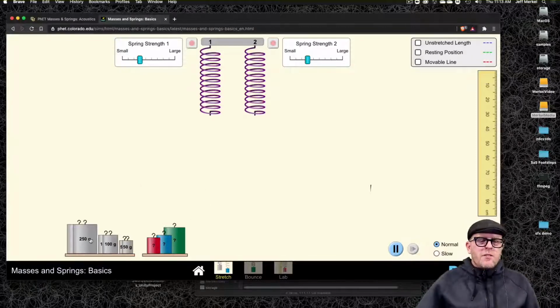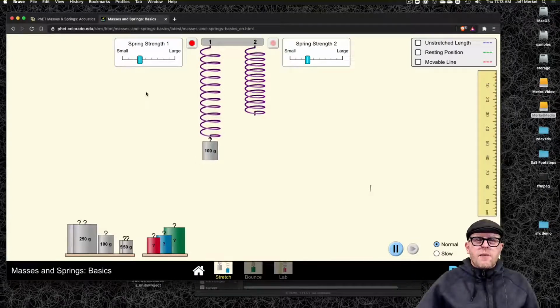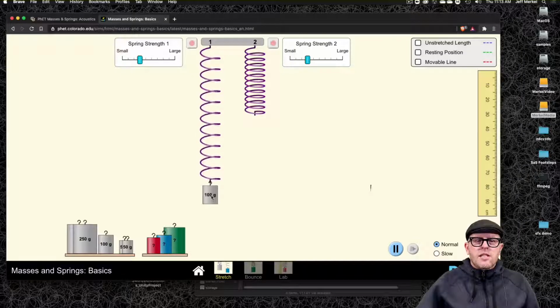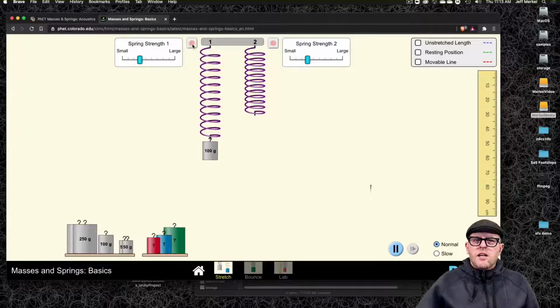What I'm going to do here is grab a 100-gram weight and attach it to the spring. I'm going to turn off damping, stretch it out and let this thing go. Where's damping? They update these things quite often. Why don't I have spring strength?